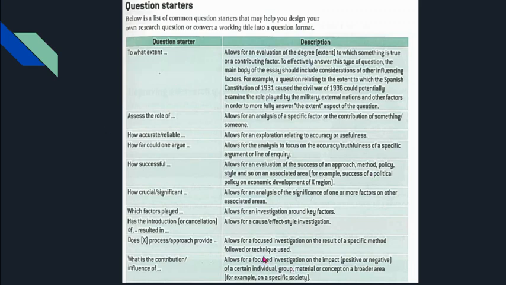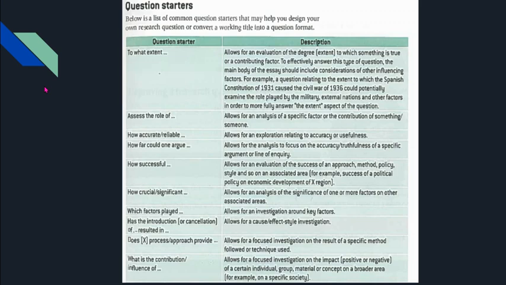And I've got some descriptions here and some reasons why each sentence starter is effective. Now, the ones the IB loves the most are to what extent. So, to what extent does Burger King have a more nutritious and healthy menu than McDonald's? That's a really, really basic research question. I probably wouldn't use it for an extended essay, but that's how I would word it.